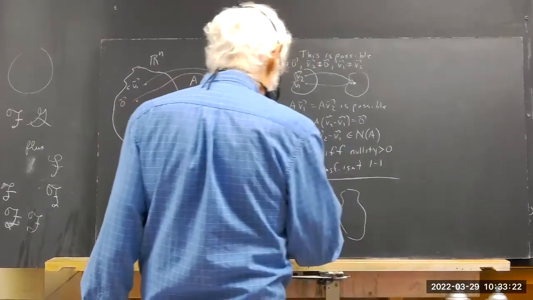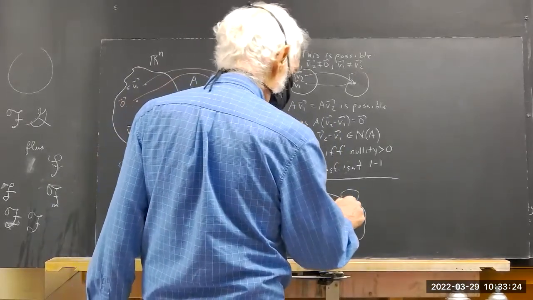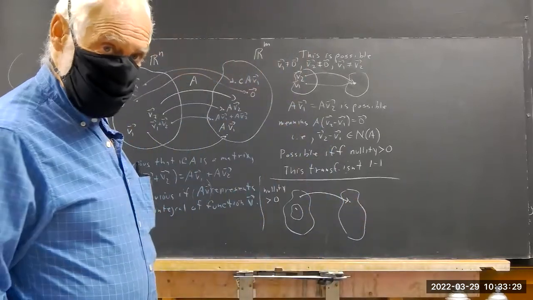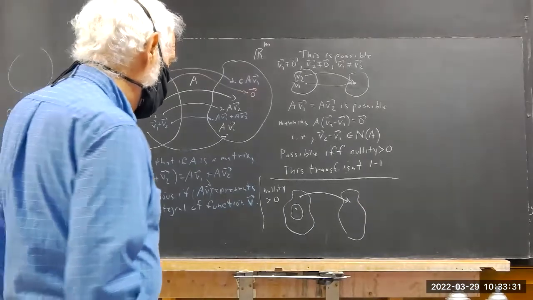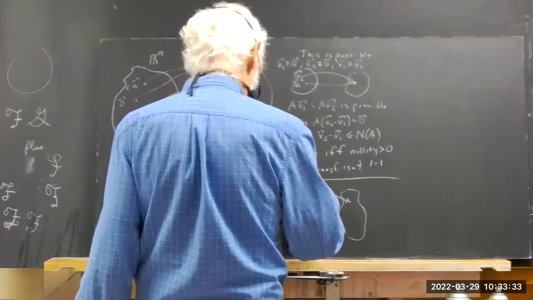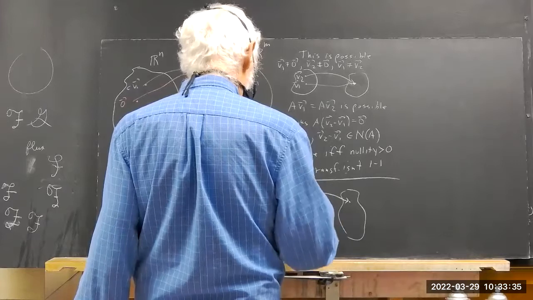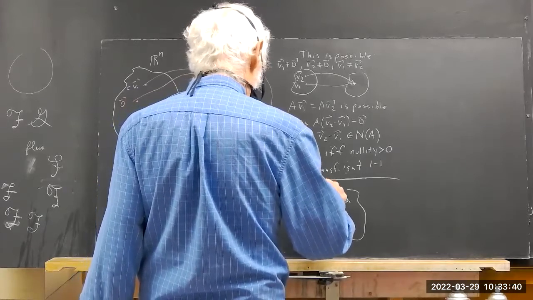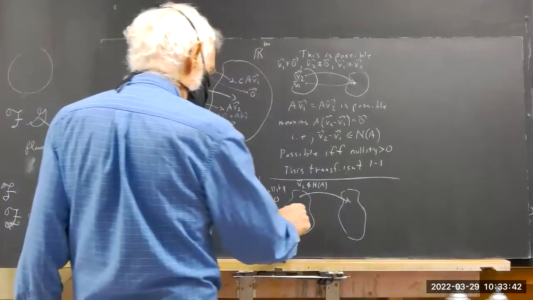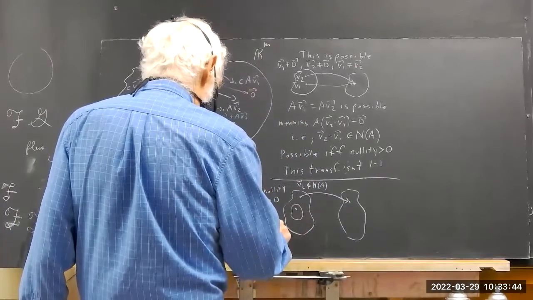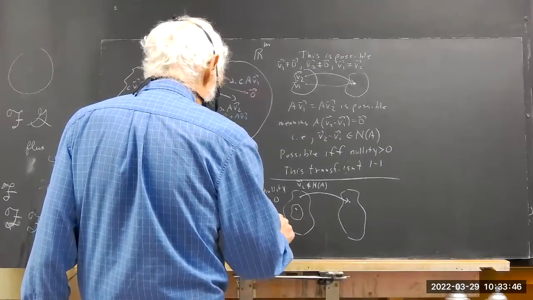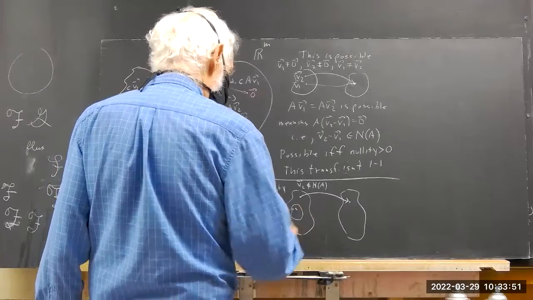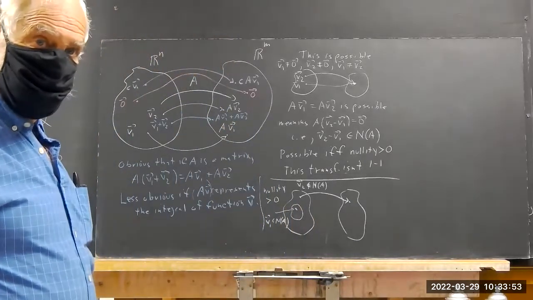Well, what does this vector map to? So this vector maps to something over here. Well, let's give these names. This will be V2, not in the null space. And this will be V1, in the null space.